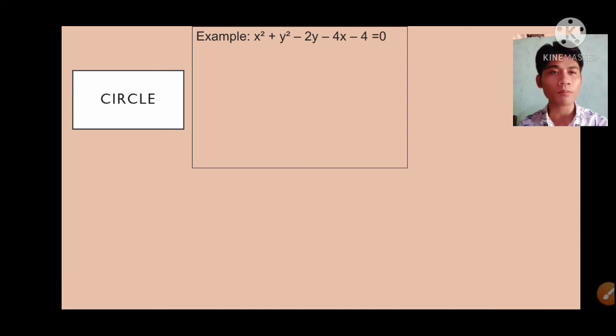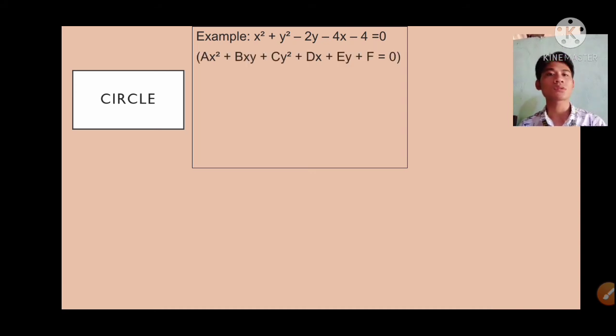Again, the standard form is ax squared plus bxy plus cy squared plus dx plus ey plus f is equal to 0. Then just find the value of the coefficients with the same variable. So we came up with a as 1, b is equal to 0, c is equal to positive 1.